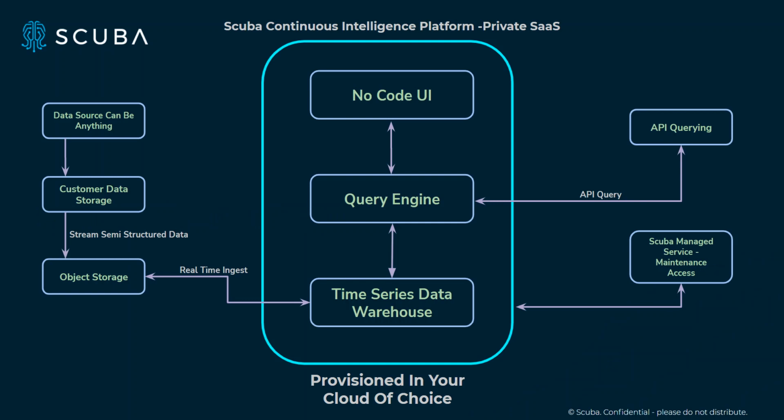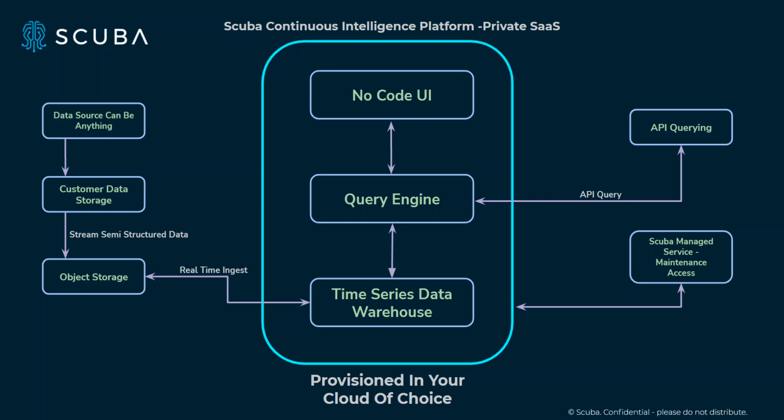Scuba Continuous Intelligence is fundamentally a platform to do self-service analytics against time series data. We are a time series data warehouse with a built-in query engine and a UI that our users interact with to do no-code queries.